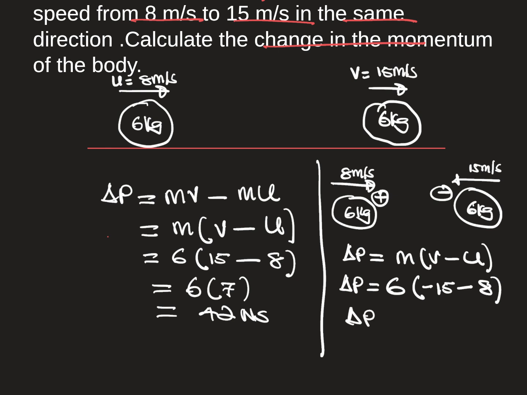So 6 into negative 15 minus 8 will be negative 23. So the change in momentum will be 6 times negative 23, which is negative 138 Newton seconds.